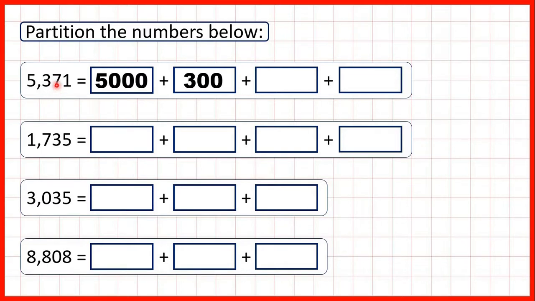This 7 in our tens stands for 70, and this 1 in our ones just stands for 1. So if we add 5,370 and 1, we will get the number 5,371.